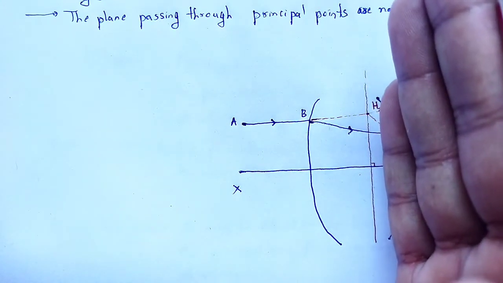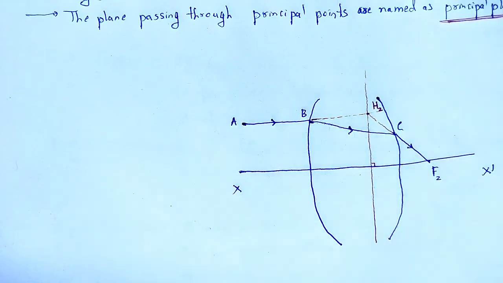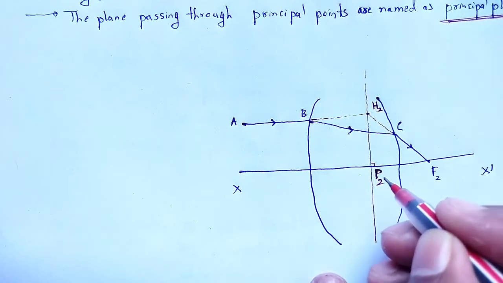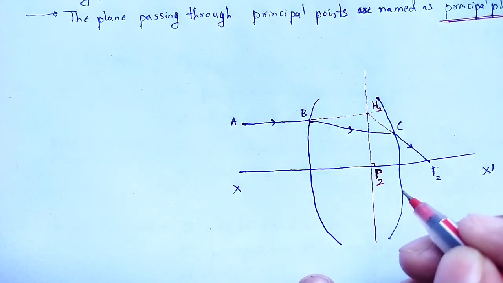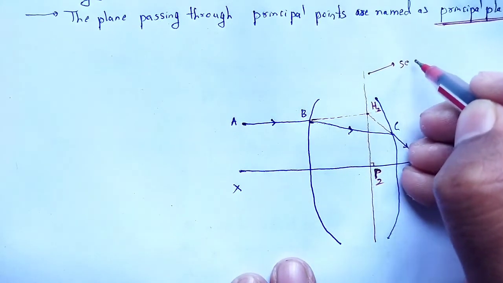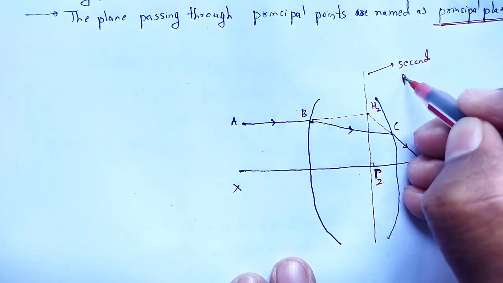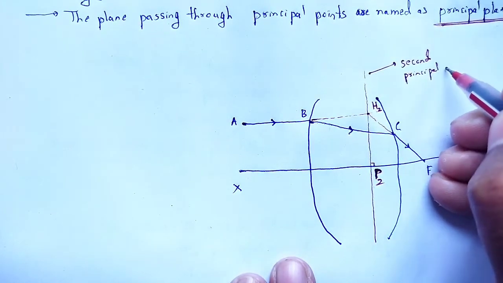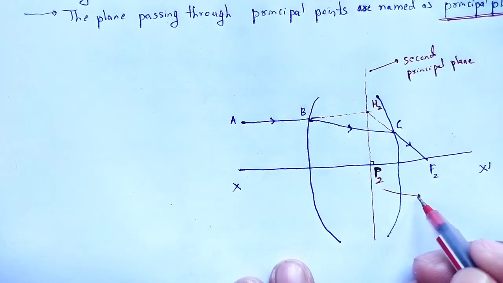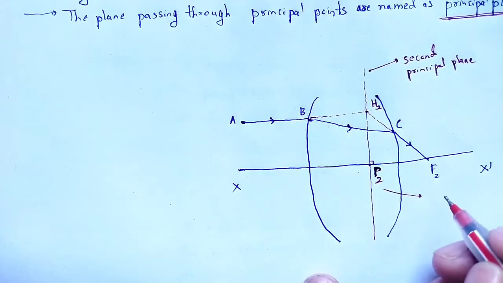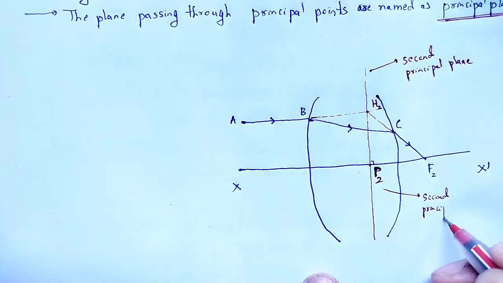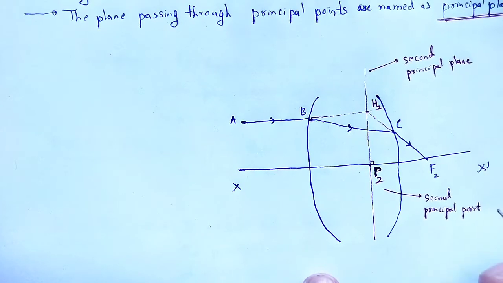That plane is known as the second principal plane, and that point on the principal axis is named the second principal point.